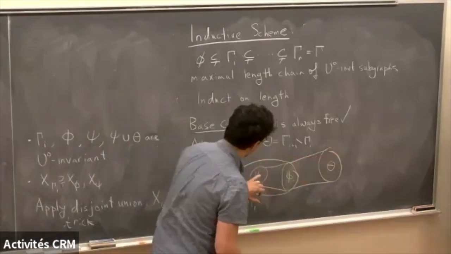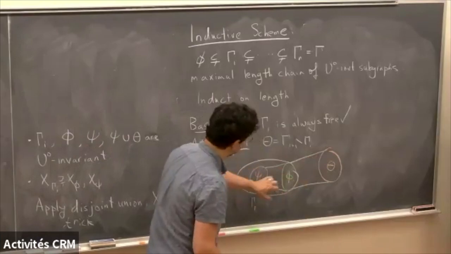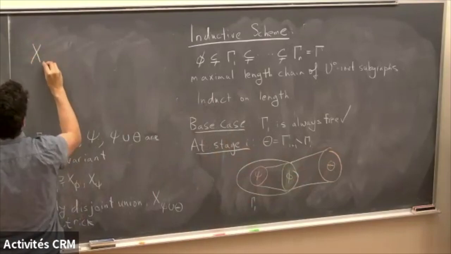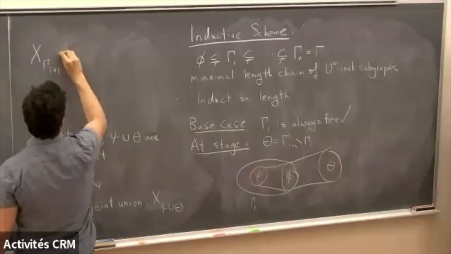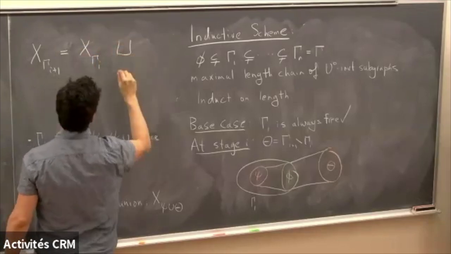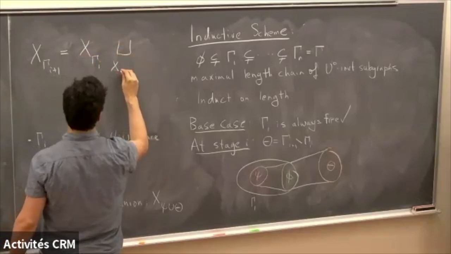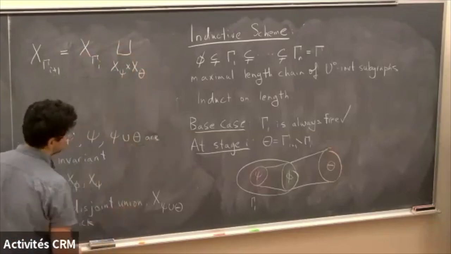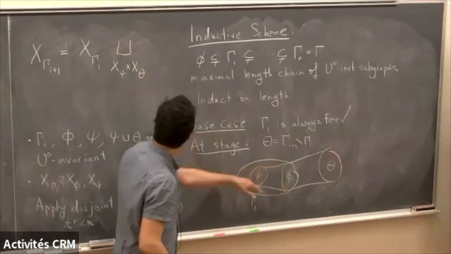Phi is a join, or it commutes with C union theta. So what I'm going to define is my X gamma I plus 1 is just X gamma I glued along X C cross X theta. So this already sits inside of here.